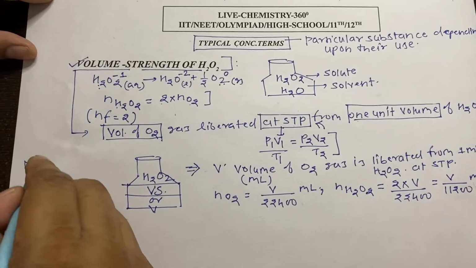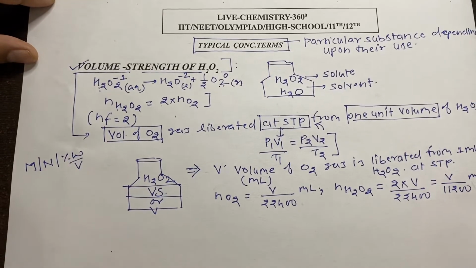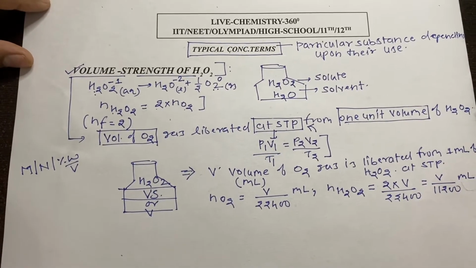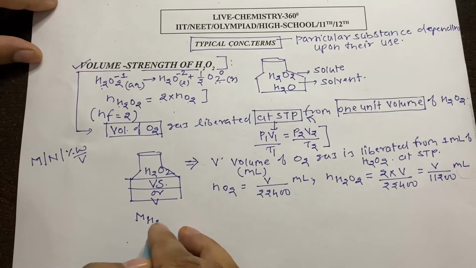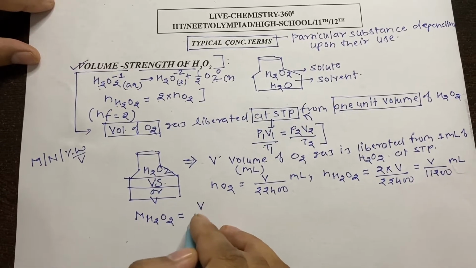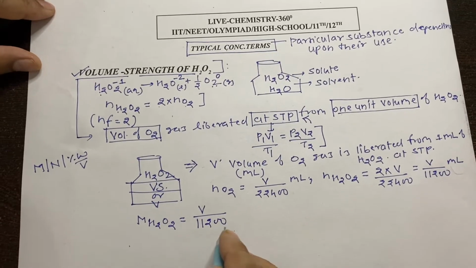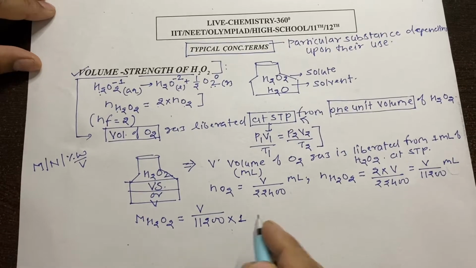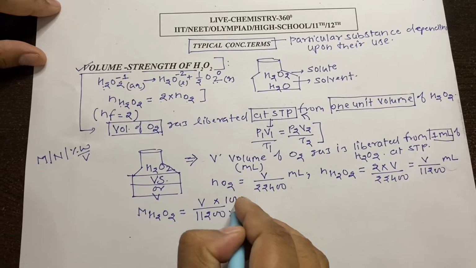So if the volume strength of H2O2 solution is given, we can find the other parameters like molarity, normality, percent W by V, strength in gram per ml or strength in gram per liter. How can we calculate the molarity of H2O2 solution? The moles of H2O2 is V upon 11200, and the volume of the solution is 1 ml, so 1 into 1000.